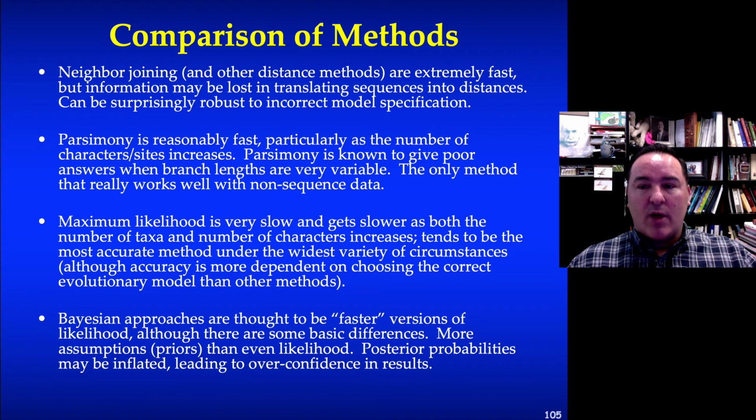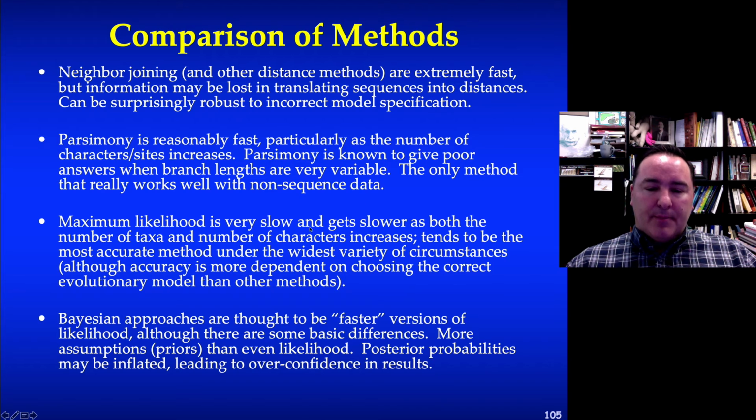Parsimony does not perform well there. But it's the only method that can really work with non-molecular data in any real sense. And so it's still a very popular method, especially if you're going to be doing analyses that combine morphological and molecular data. Maximum likelihood is really slow, but it's actually the most accurate, and Bayesian is thought to be kind of a faster version of likelihood.